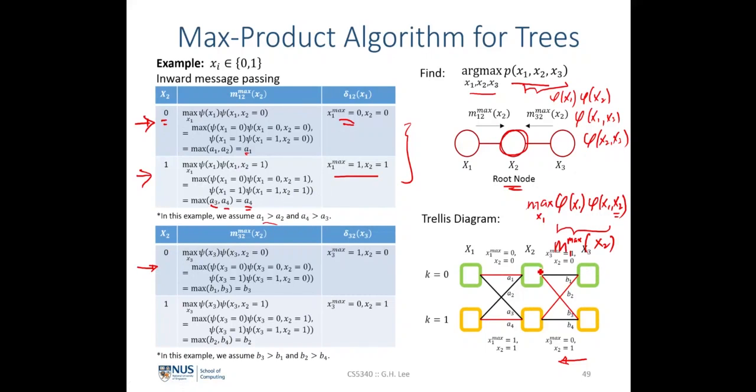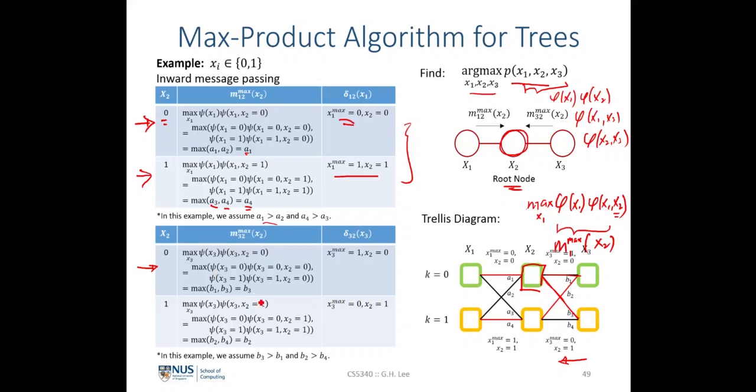So what this means is that I'm going to look at this term over here where x2 equals to 0, and I'm going to consider this between the states of x3 equals to 0 and x3 equals to 1. So these two terms here correspond to b1 and b3 respectively.